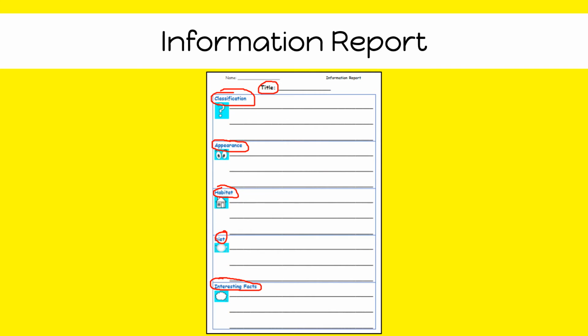So my information report is going to be about kangaroos, but you might have chosen a different Australian animal to write about. So you will write about that animal. So the aim today is not to copy my example, but just to use it as an example of the structure. So the way that the information report is laid out.